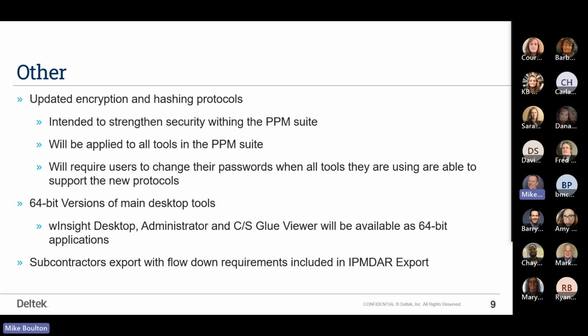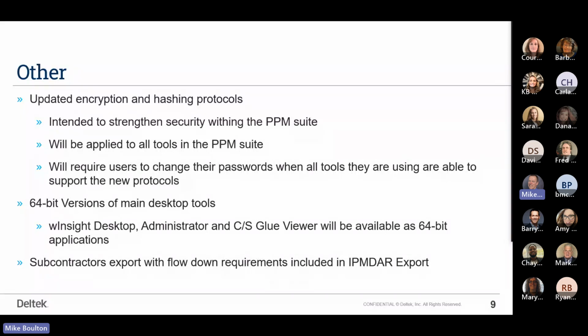So essentially what this means is that if in your OBS you've got subcontractors with flow down requirements, you can select the subcontractor in the OBS grid, and wInsight will then carry that across in the export of the OBS table, the OBS JSON file, but it will also export the actual subcontractor itself.